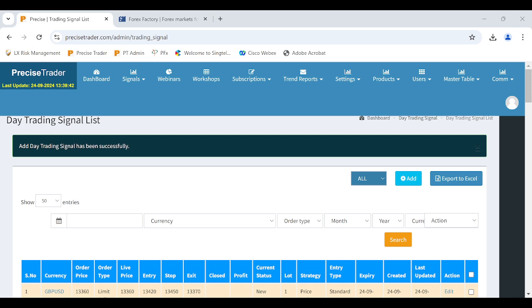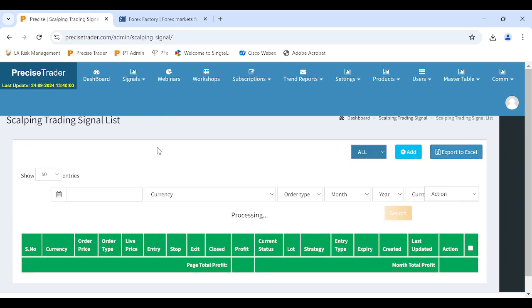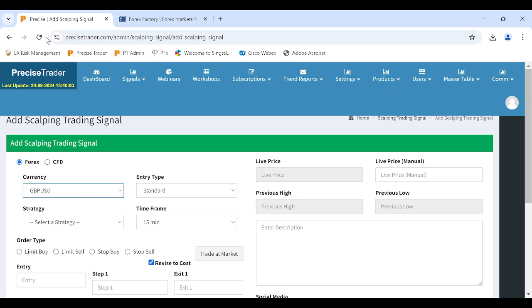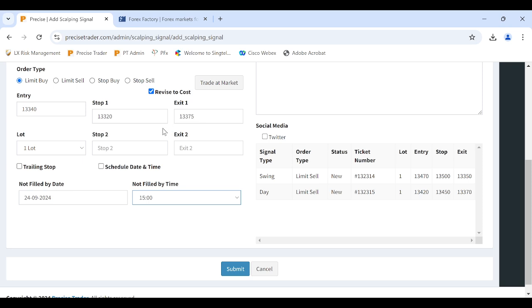We look to go for a buy at 3340 on the scalping, and exit before 3370, and the stop is at 3320. Okay, we put expiry until 6:30.